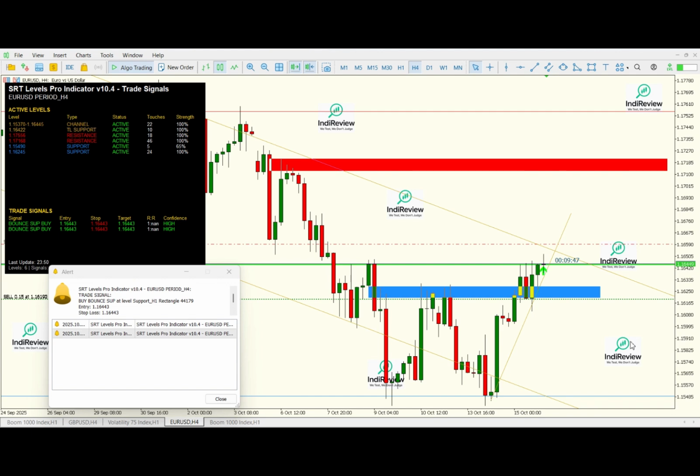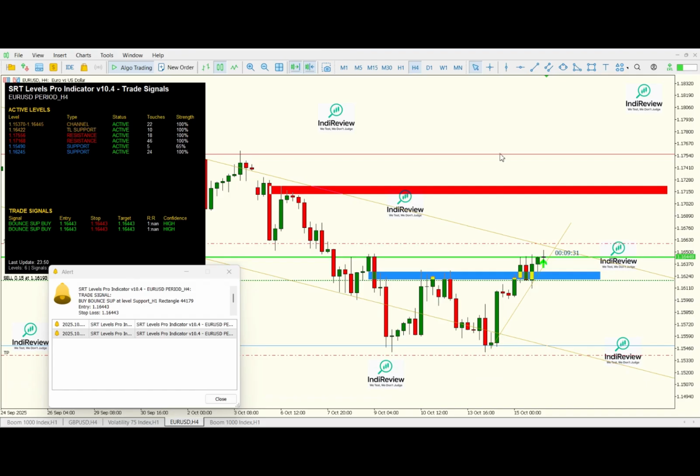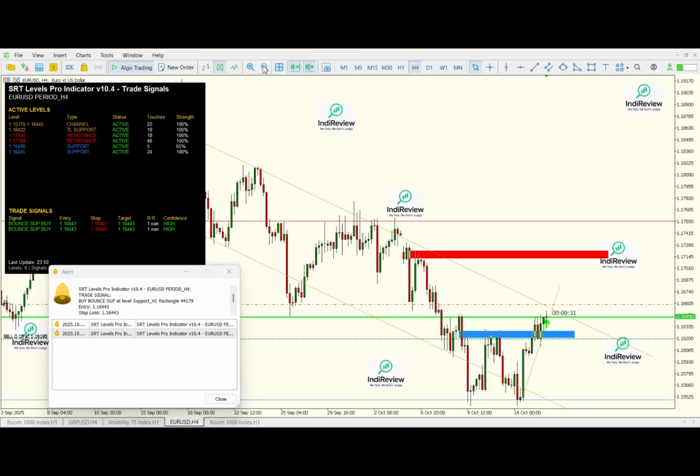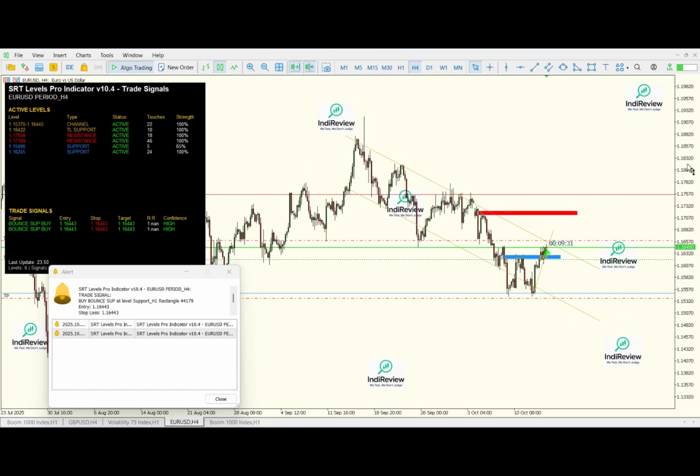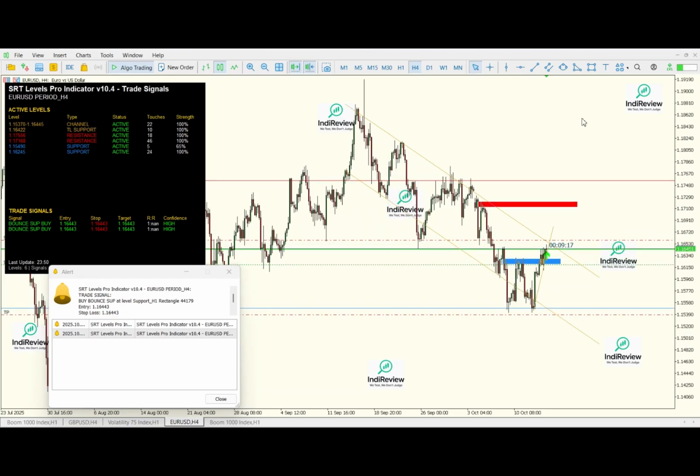Now it's giving me my trend lines. So now I have my entries. It gives you your entry, your stop loss, and your targets.